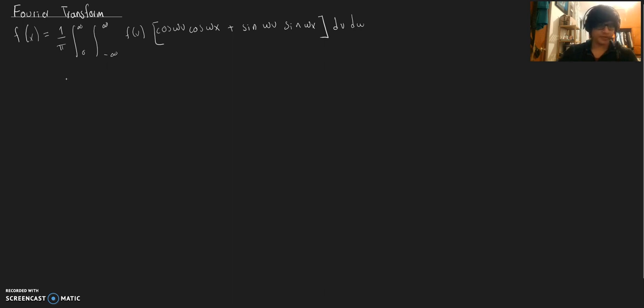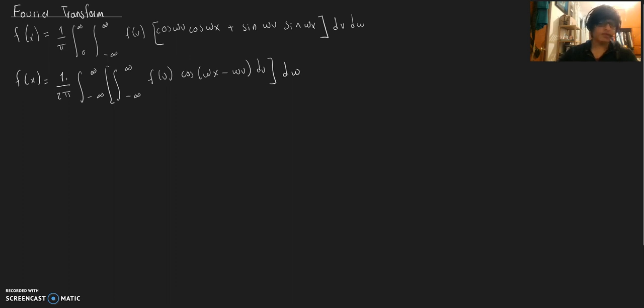However, using some trigonometric identities, we can also represent this Fourier integral as follows. That's the integral from minus infinity to infinity, from minus infinity to infinity of f of v cosine of wx minus wv dv, and all this multiplied by dw.